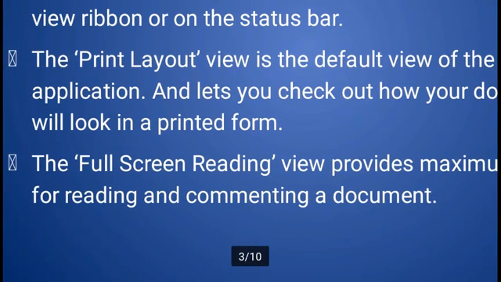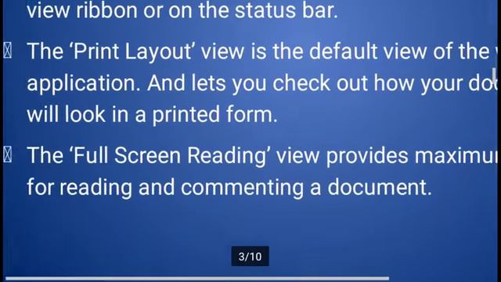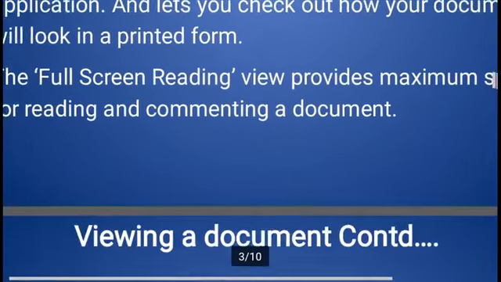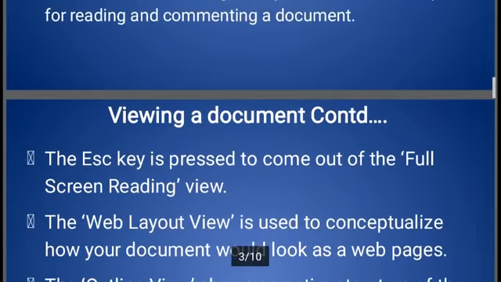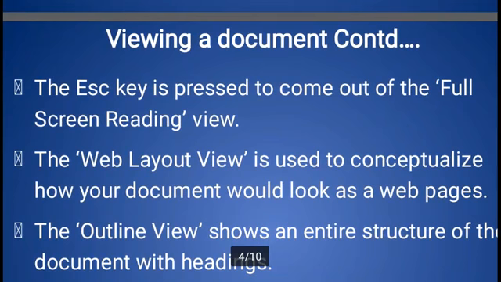Full screen reading. You can see your content on the full screen without any options. It provides maximum space for reading and commenting on a document. The Escape key is pressed to come out of the full screen view.